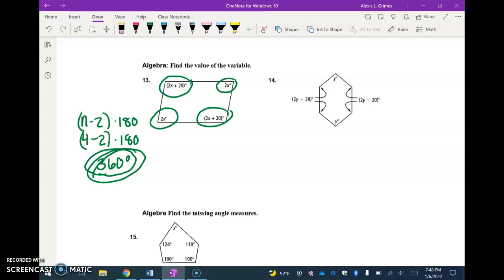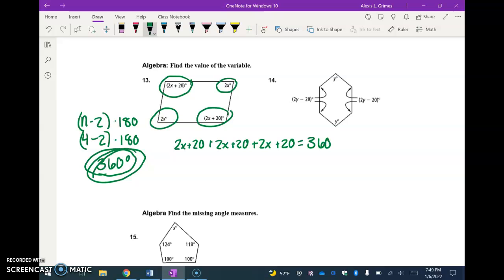They just look scary because they're variables. We can still add with variables. So we have 2x plus 20 plus another 2x plus 20 plus 2x plus 2x. If you wrote them shorter already, that's totally fine, but you need to write all of them. All of those together equal our 360.